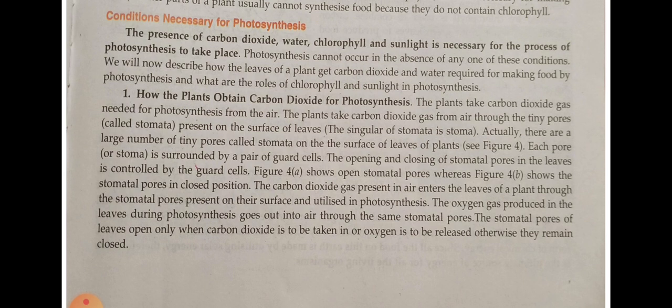Plants take the carbon dioxide gas needed for photosynthesis from the air. Plants take carbon dioxide gas from the air through tiny pores called stomata. Stomata are present on the surface of leaves. The singular of stomata is stoma.